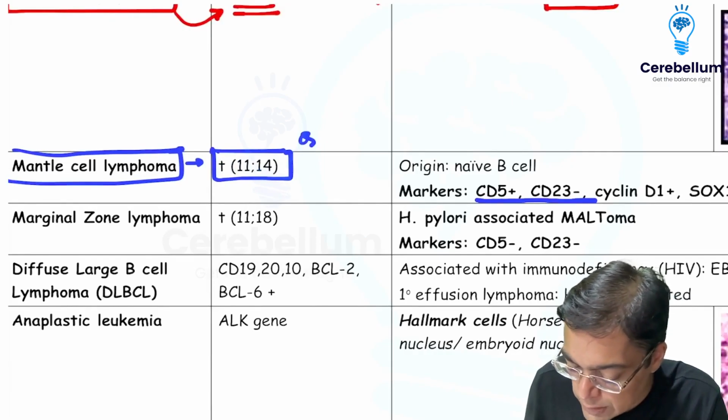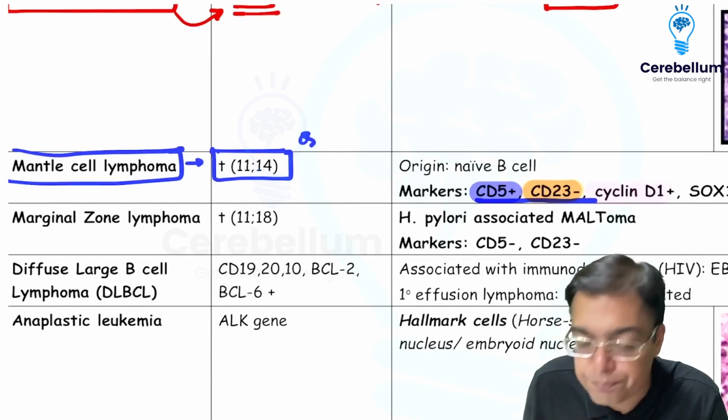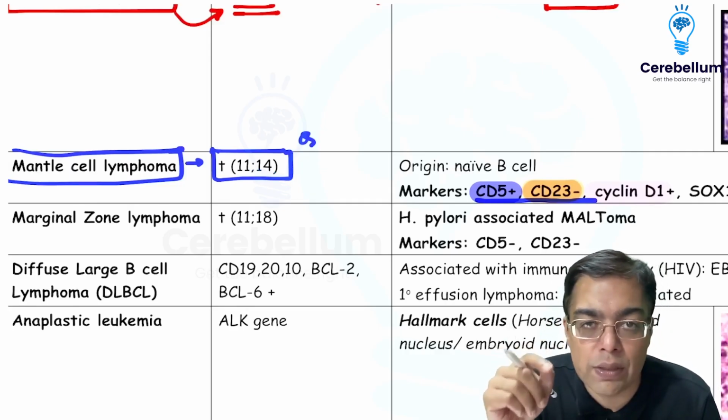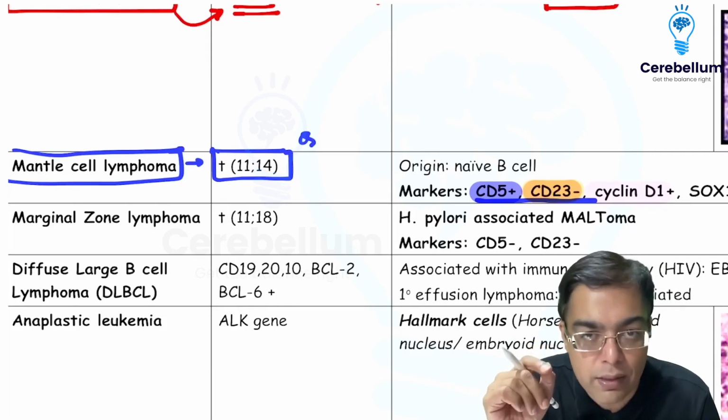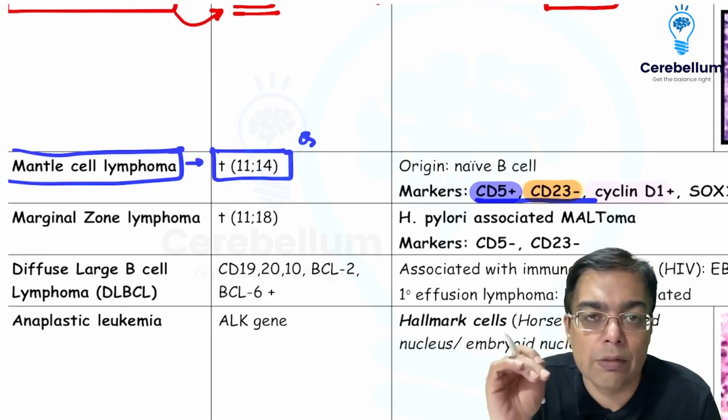Now the characteristic feature is what you need to remember over here. CD5 is positive, CD23 is negative, and cyclin D1 is positive. CD5 positive and CD23 positive cancer, as we discussed earlier a few minutes back, friends, was CLL. 5 positive, 23 negative is a feature of mantle cell lymphoma.